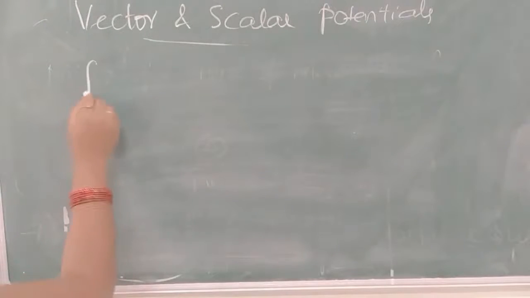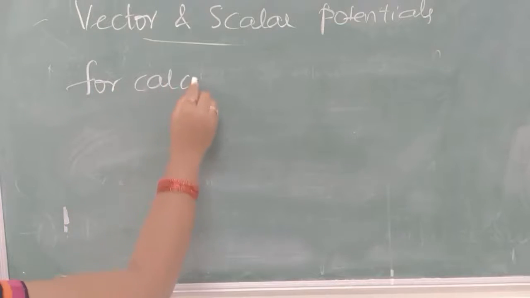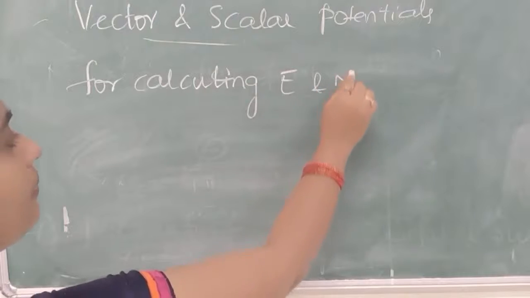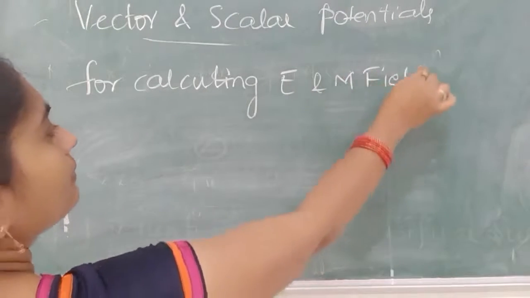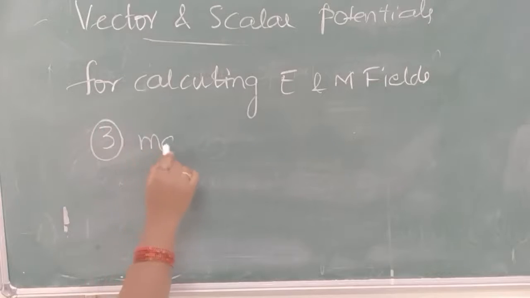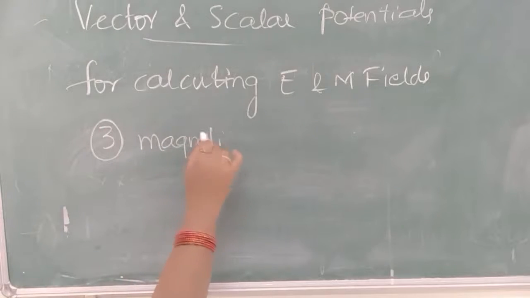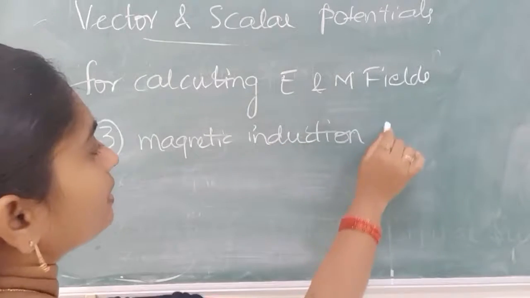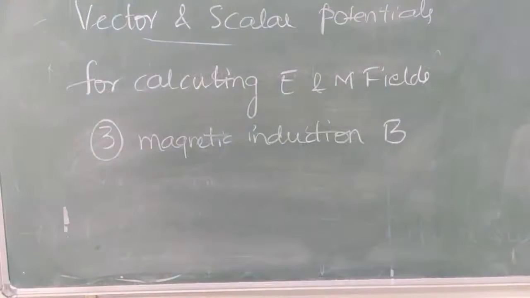For calculating the electric and magnetic fields, we are utilizing Maxwell's equations, along with magnetic induction. Magnetic induction is represented by B, and is given by B is equal to del cross A.